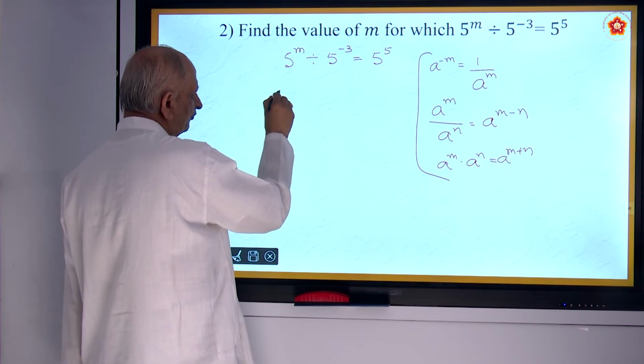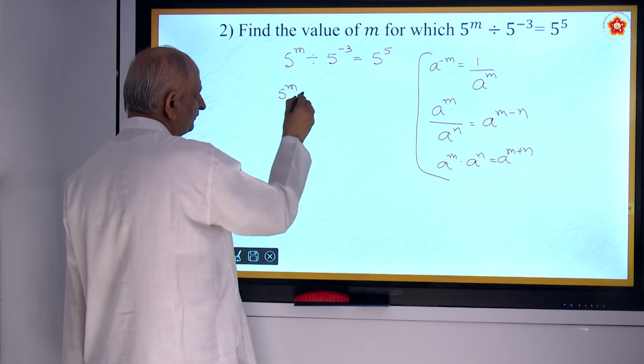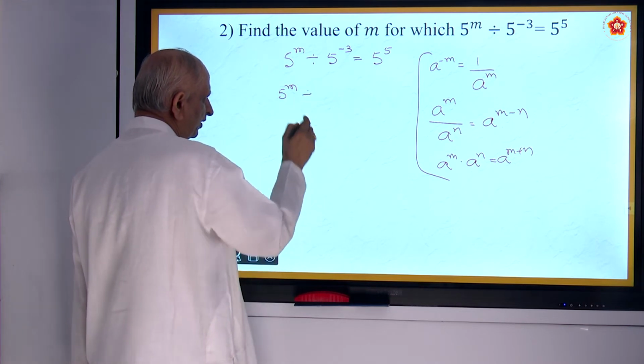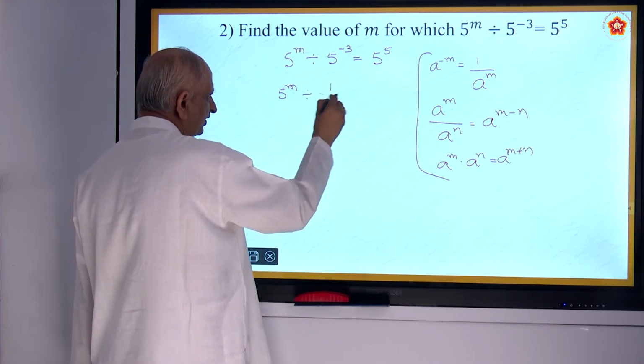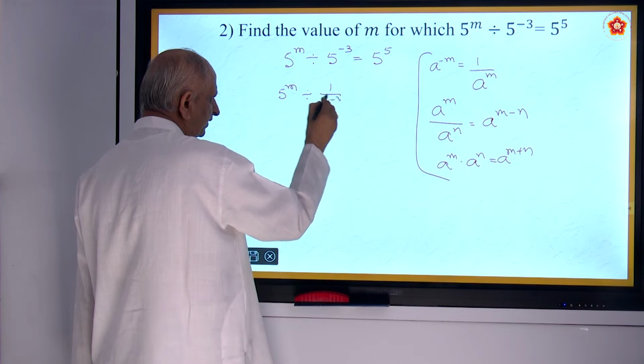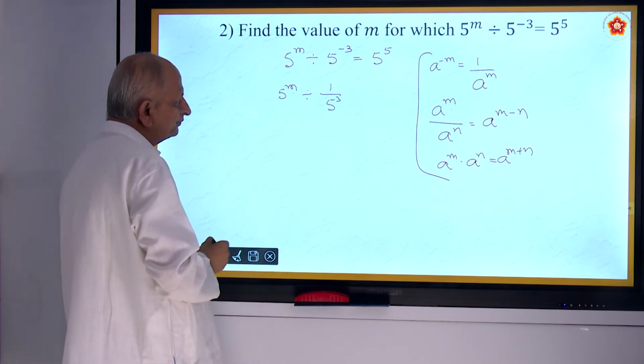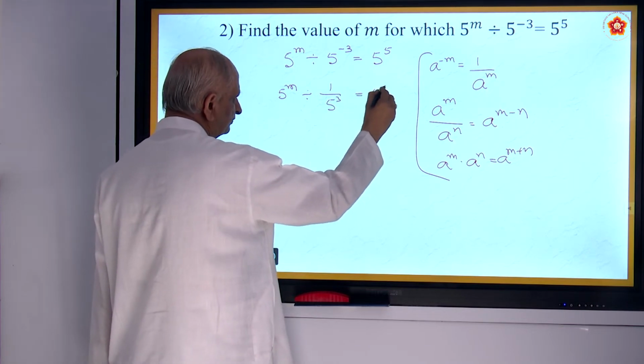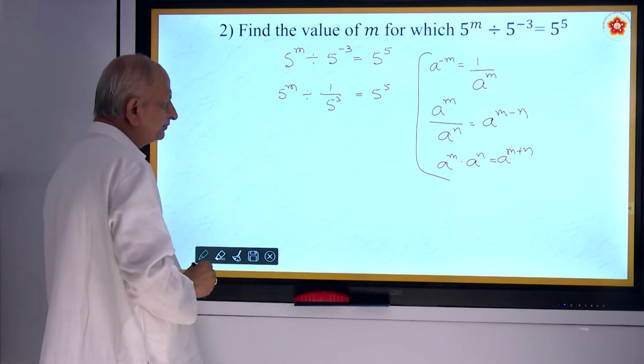So first step, 5 to the power of m, this is divided by 5 to the power of minus 3 they have given. We will take it as plus 3. Okay, is equal to 5 to the power of 5. First law we applied.